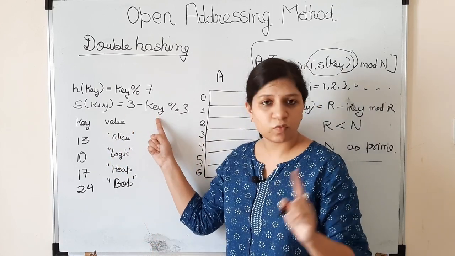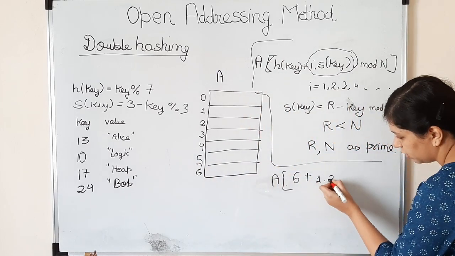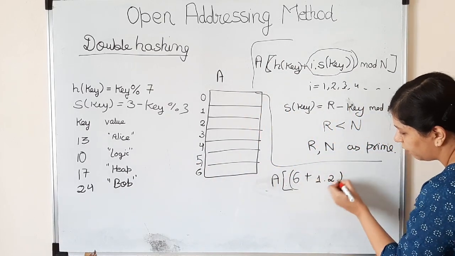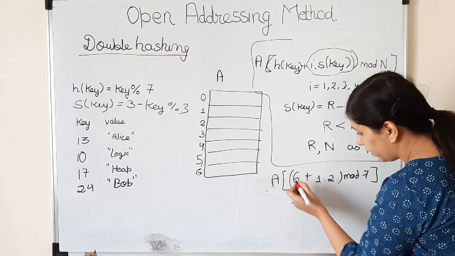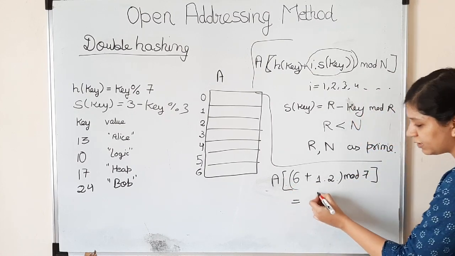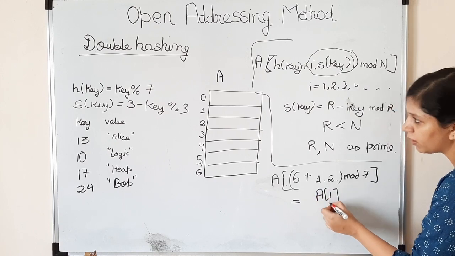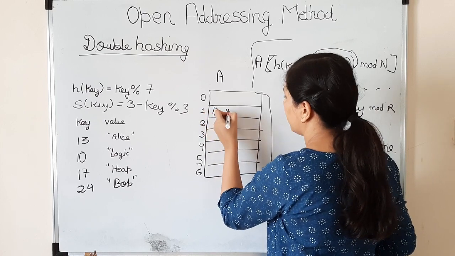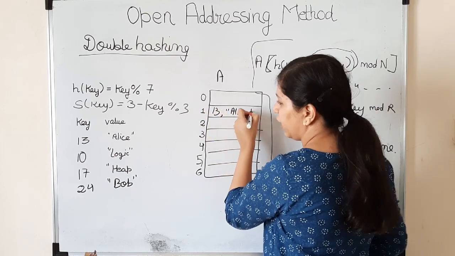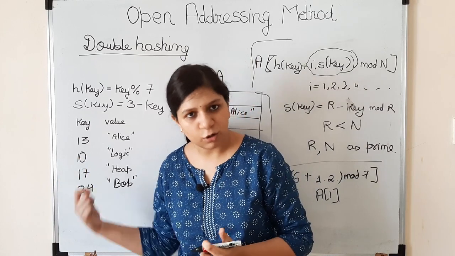So 3 minus 1 is 2. Okay. And mod n, which is mod 7. So how much would it be? 8 mod 7 means 1. So at index 1 you are going to put 13.